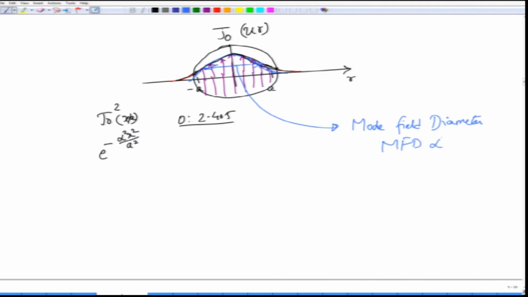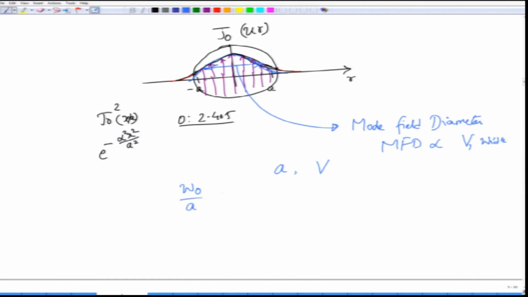There are nice expressions for MFD in terms of the V number, in terms of some fitting parameters, namely the mode field diameter fitting parameters. You can look at those expressions in the textbook. Okay. So, this will simply tell you that for a given radius a and for a given value of V, how the width, which is denoted by W0, just to confuse you, or the half of the mode field diameter, so that about 99% of the power is concentrated within it.